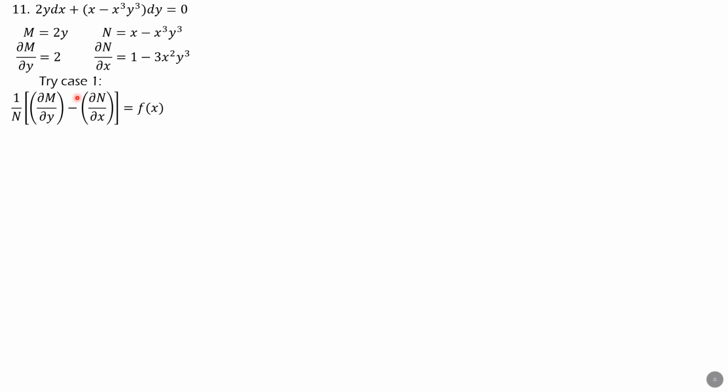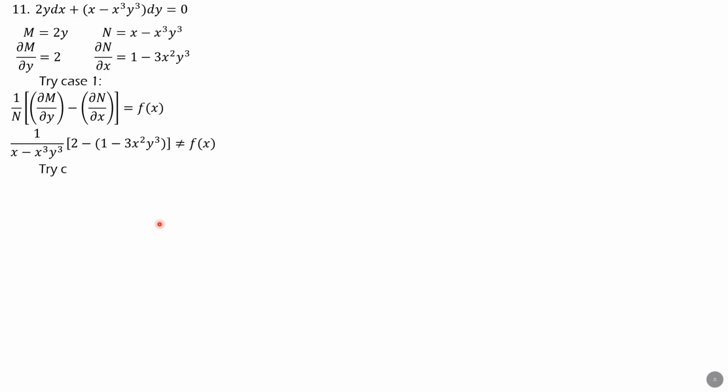So 1 over N, 1 over the quantity x minus x cubed y cubed, times the quantity 2 minus the quantity 1 minus 3x squared y cubed. This is 1 plus 3x squared y cubed. We cannot eliminate the x and the y, and it is indeed not a function of x alone.